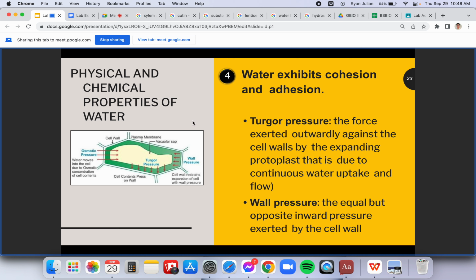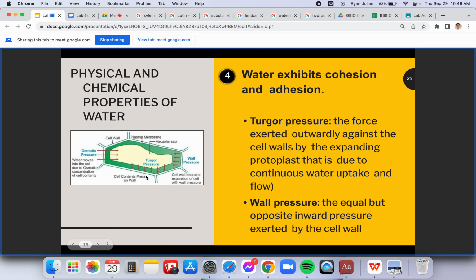So let's dive into how water exhibits cohesion and adhesion. It can be categorized into two different types of pressure, turgor and wall pressure. The former is the force exerted outwardly against the cell walls by the expanding protoplast, which is due to continuous water uptake and flow, while the latter, the wall pressure, is the equal but opposite inward pressure exerted by the cell wall, which can be exemplified in this figure that you are seeing right now.